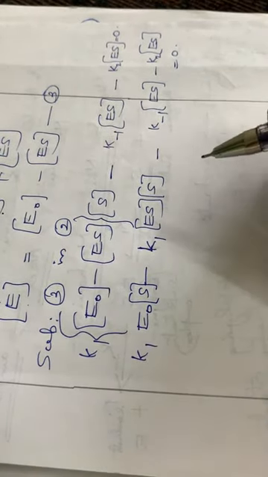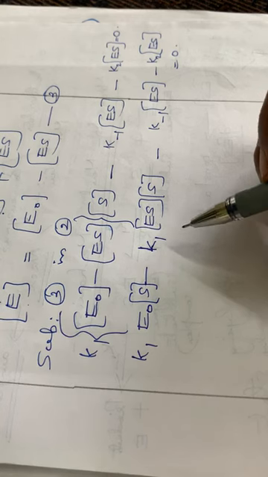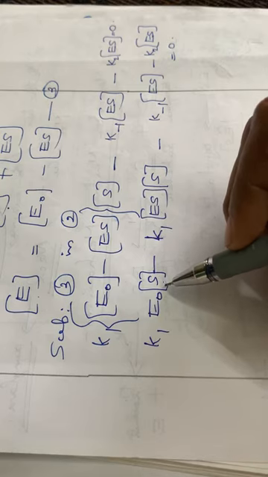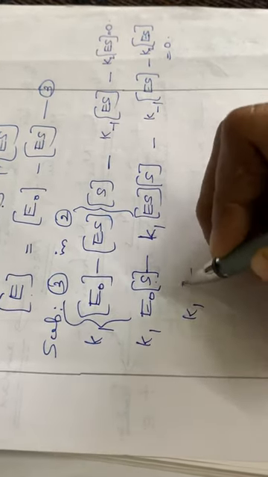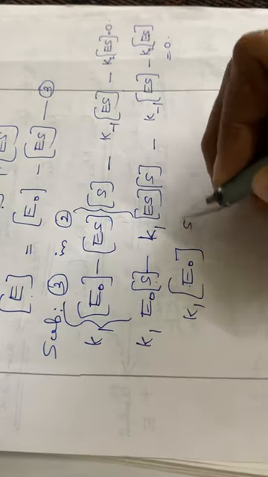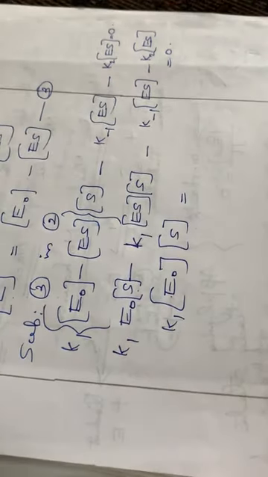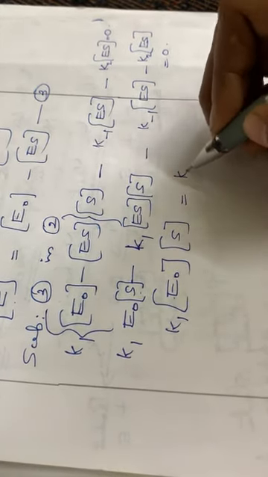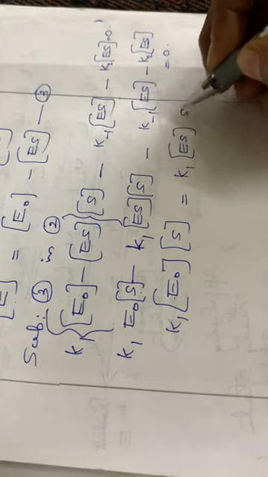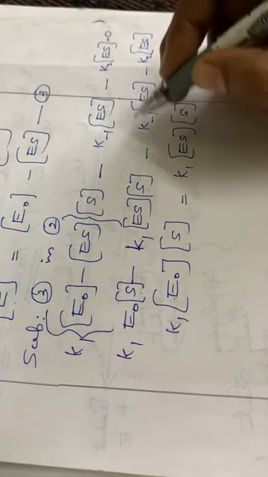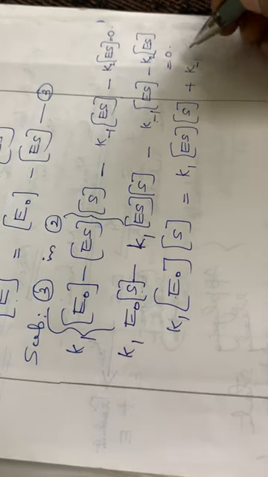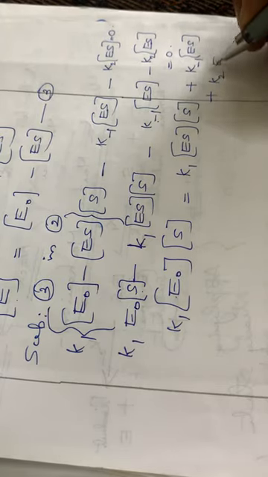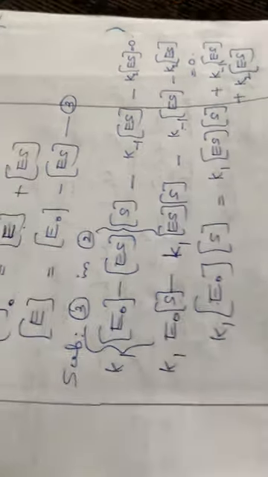Then from this equation you have to write down K1 into E0 into S. K1 into E0 into concentration of S is equal to K1 into ES into S, plus K inverse into ES, plus K2 into ES, as these go to the right side. So this is the next step.